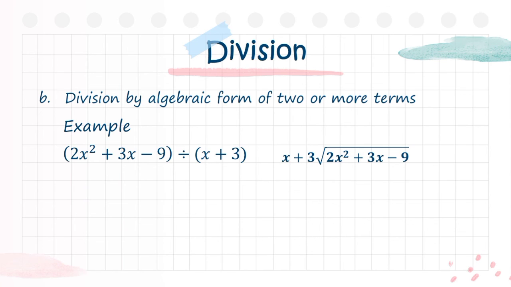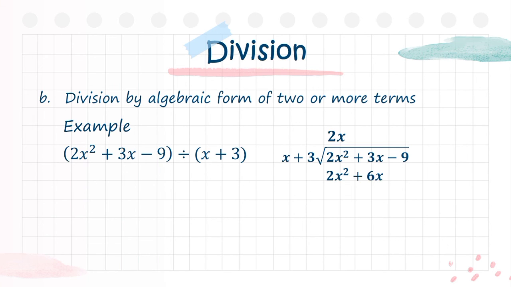Then we find x multiplied by how many produces 2x to the power of 2? 2x times x becomes 2x to the power of 2, so we know x is multiplied by 2x to produce 2x squared. Then we multiply 2x by x plus 3.